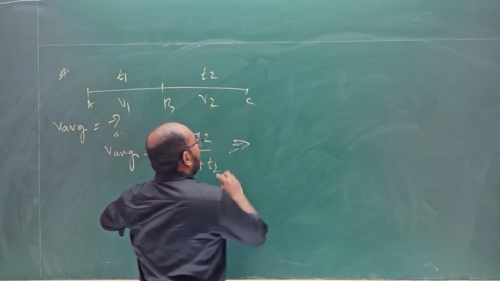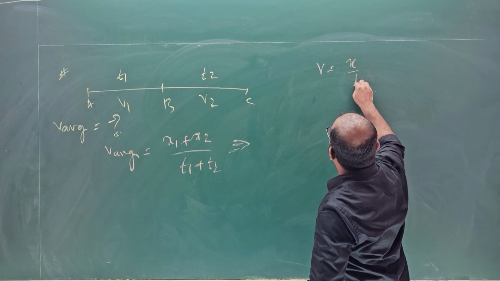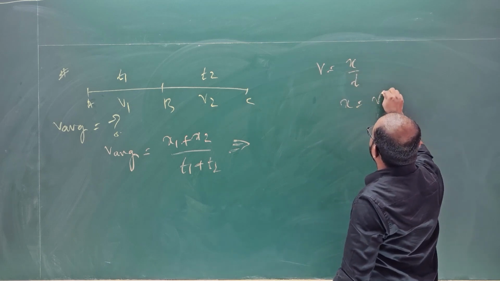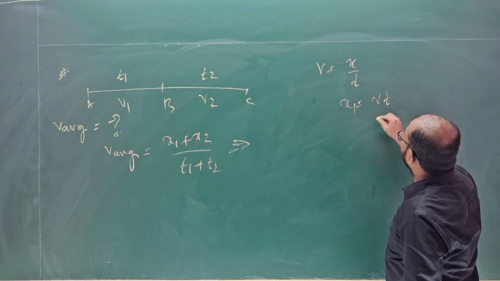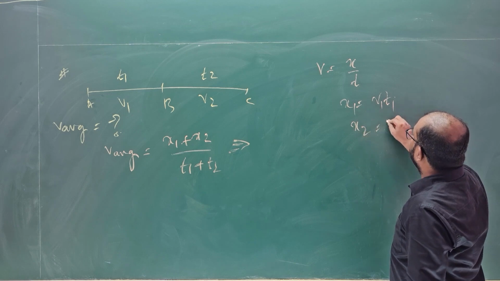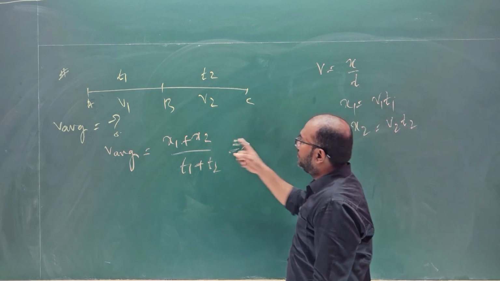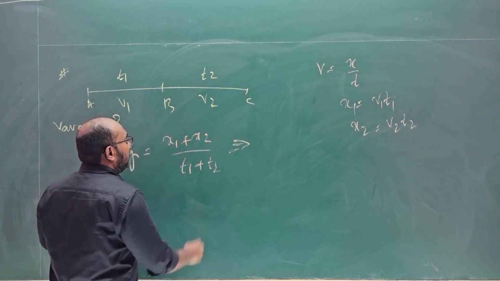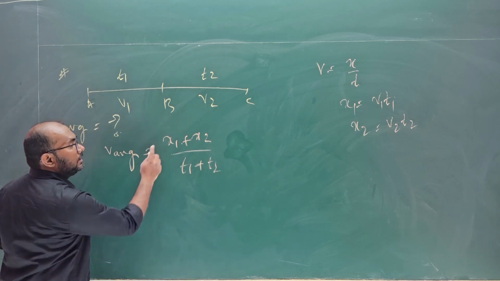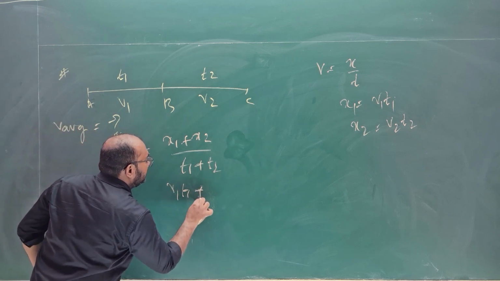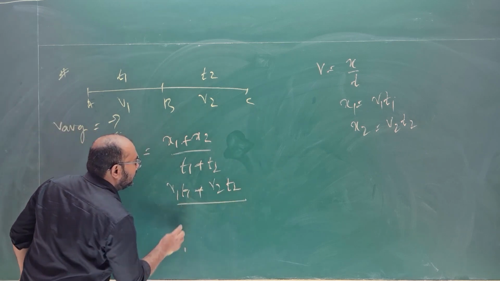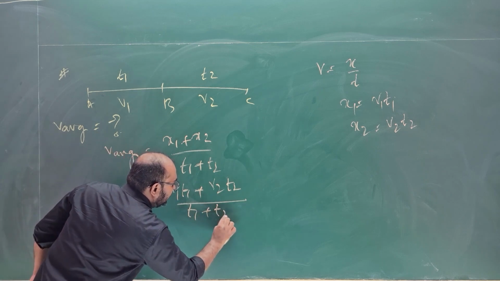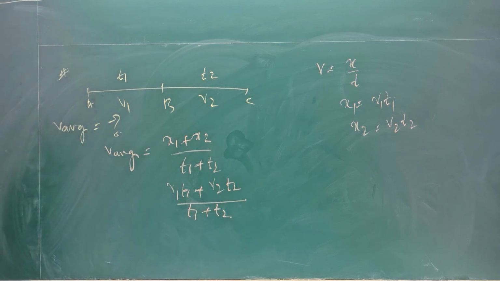No. If we don't have x1, V can be written as x upon T, or x can be written as Vt. For x1, we can write v1 t1, and for x2, v2 t2. Substituting these values over here, v1 t1 plus v2 t2 upon t1 plus t2. Can I write like this?